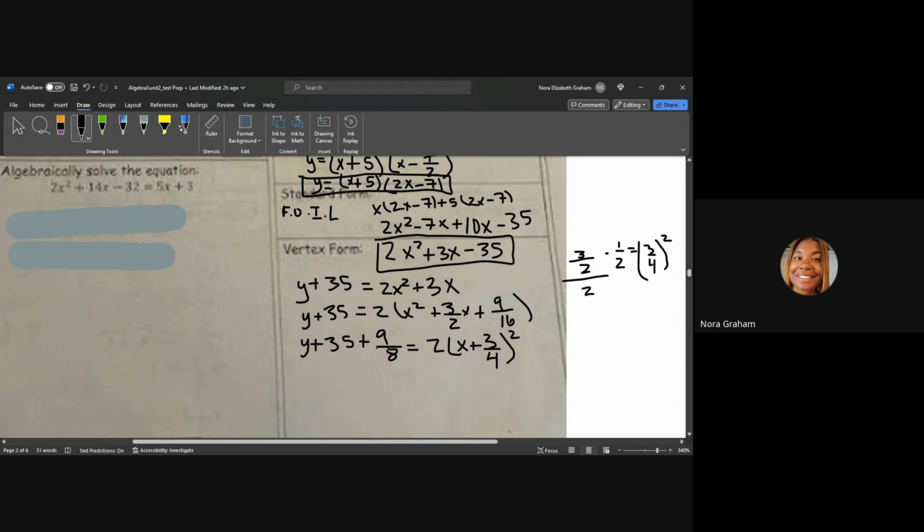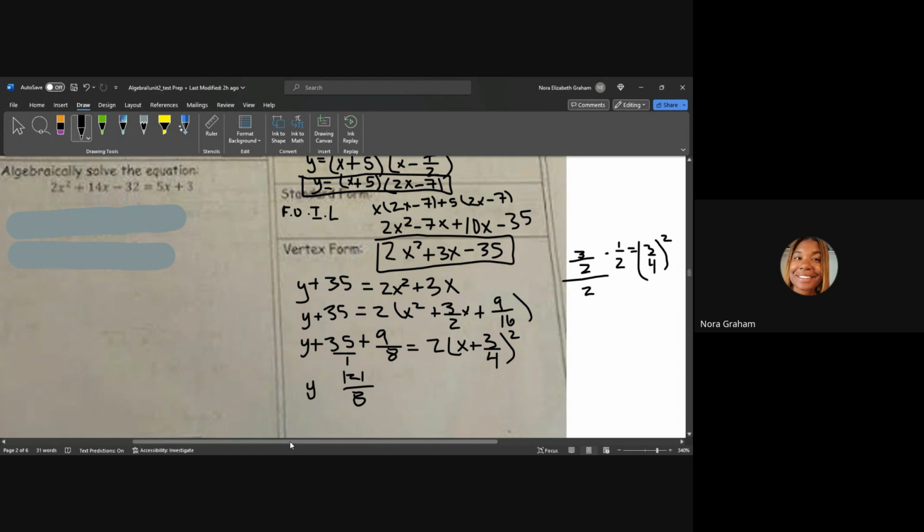Then right here, I just add these 2 fractions of y equals, you want to get common denominators. So if you want to put this over 1, our common denominator would be 8. Then you cross multiply. 9 times 1 is 9. 35 times 8. Add that together, you get 281. Sorry, I don't know why I put an equal right there.